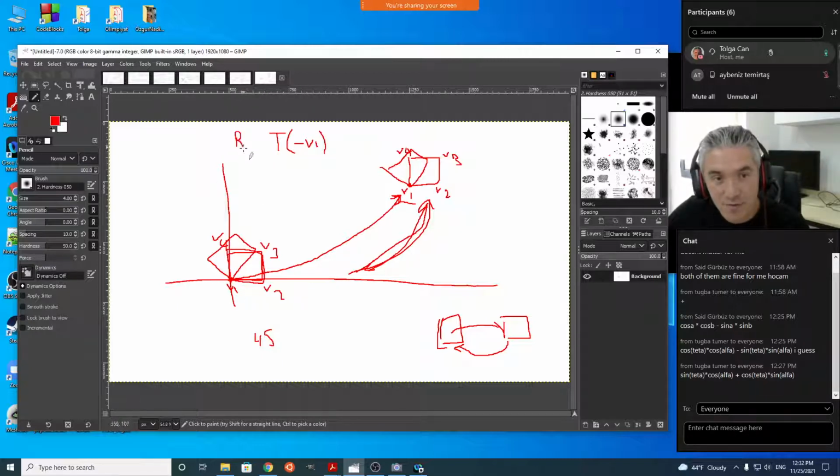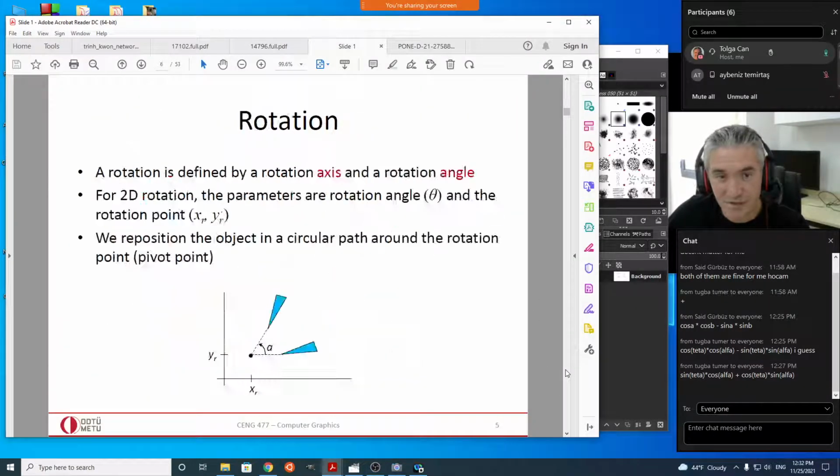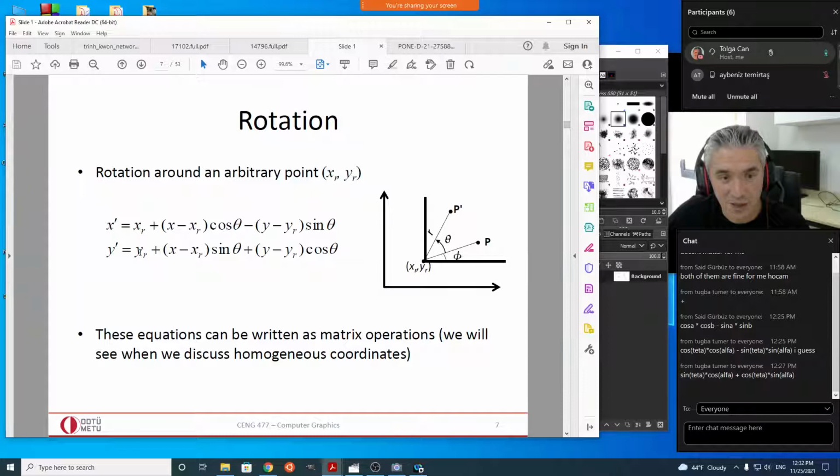And then you perform your rotation of 45 degrees, and then you move everything back. So form these three matrices and multiply them with each other and see what it will achieve. You will get the exact same formula that we have on this slide here, rotation around an arbitrary point. So it seems there's a really complicated formula.